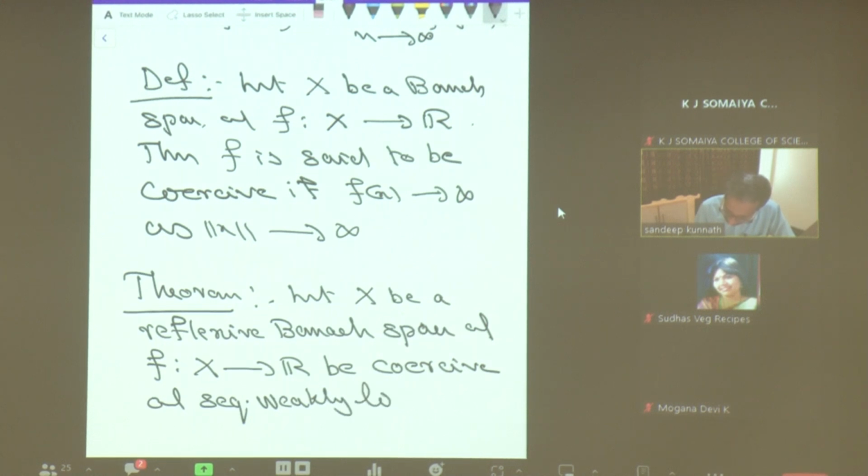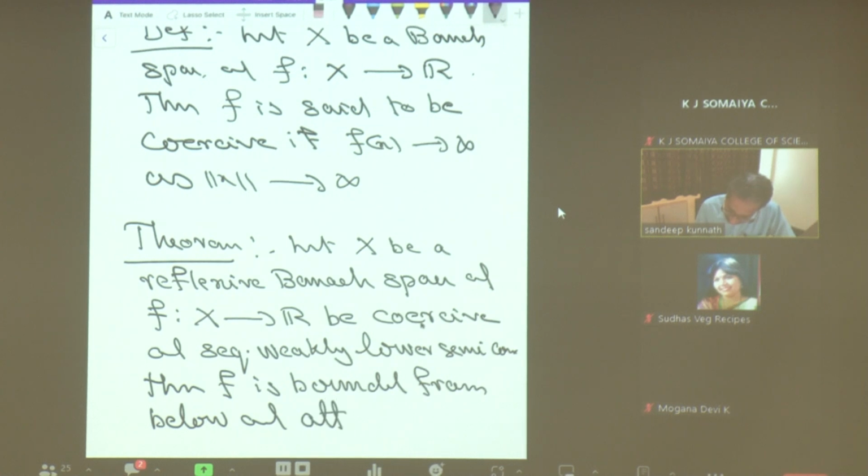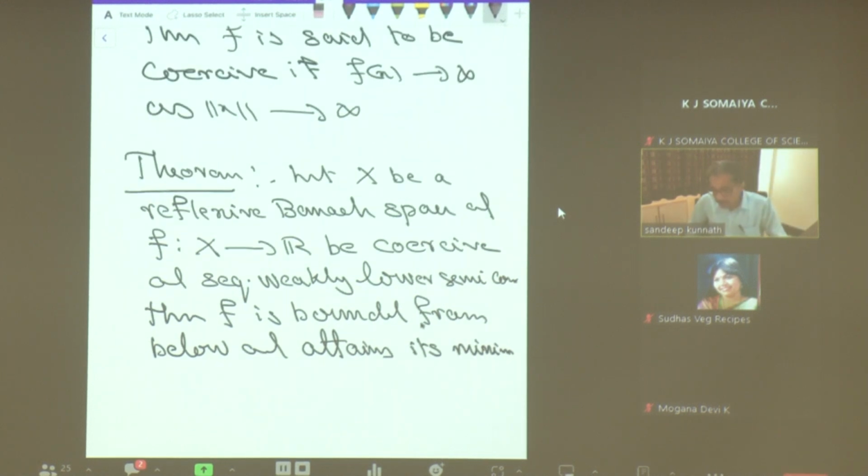Then F is bounded from below and attains its minimum. Or in other words, F is going to have a minimum.